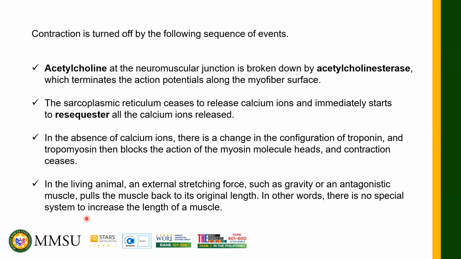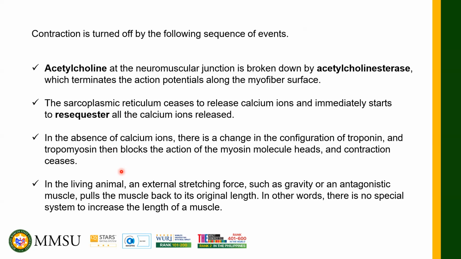Okay? So in the absence now of the calcium ions, there is a change in the configuration of troponin and tropomyosin, the proteins that are usually associated sa actin filament. So yung troponin-tropomyosin complexes regain their original positions, blocking now again the active binding sites doon sa actin.